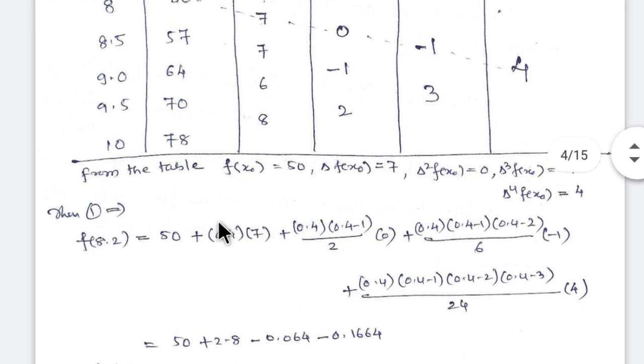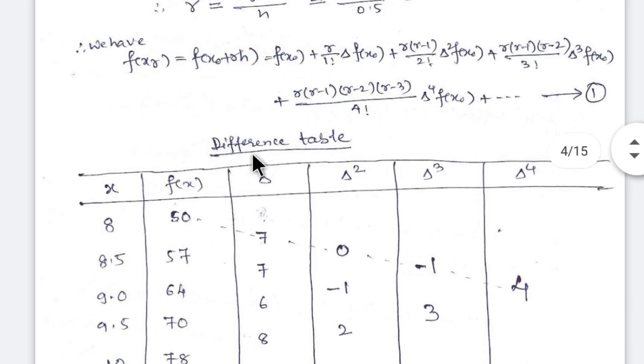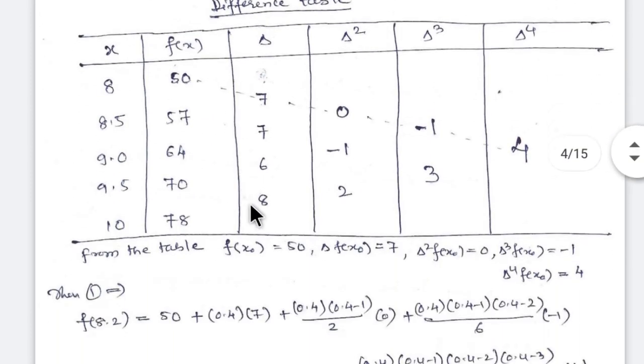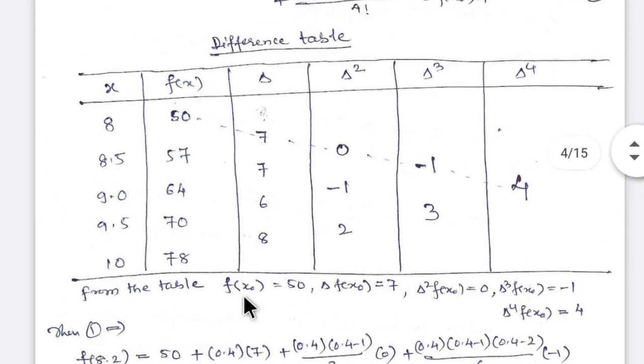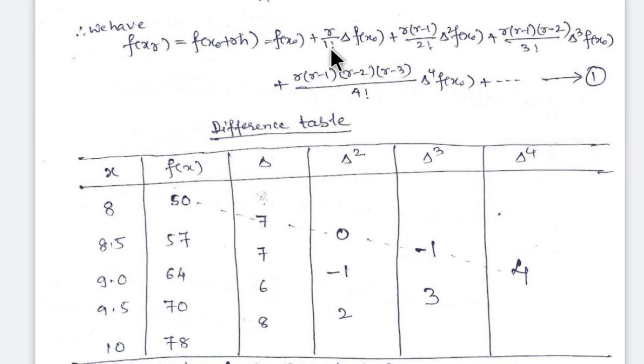Substitute all the values in the formula. f of x naught is 50 plus r by factorial 1.